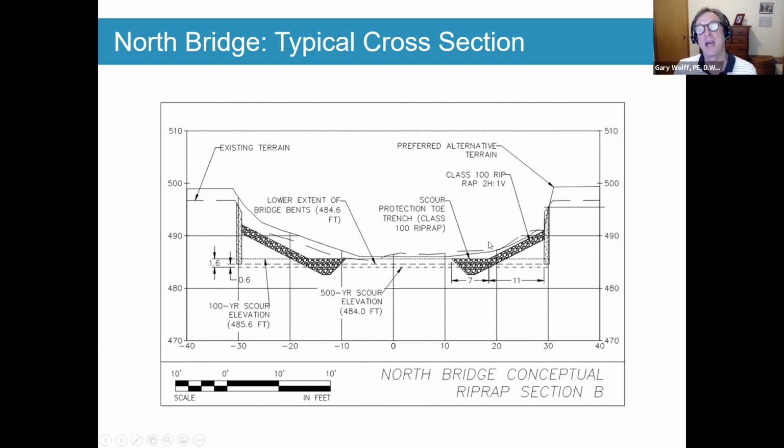Being mindful now of environmental compliance regulations, I'll just talk about that for a second here. Typically, when you're replacing rock in the stream, you've got to deal with environmental regulations. And for scour mitigation, they define what's called the active channel width, which is determined in the field.